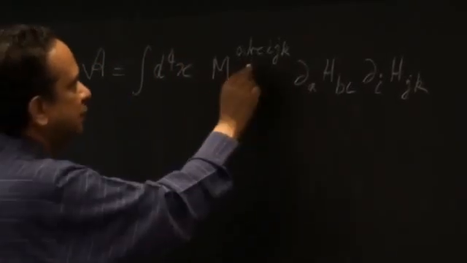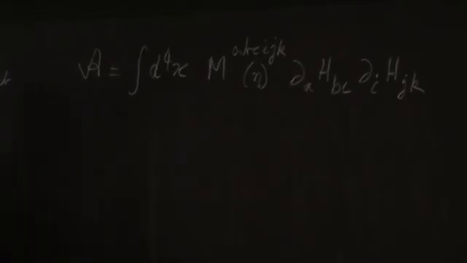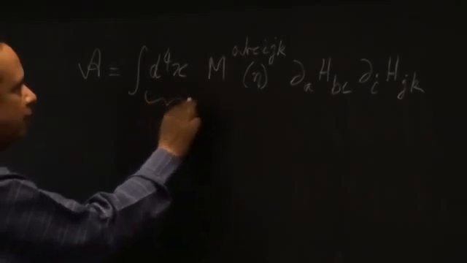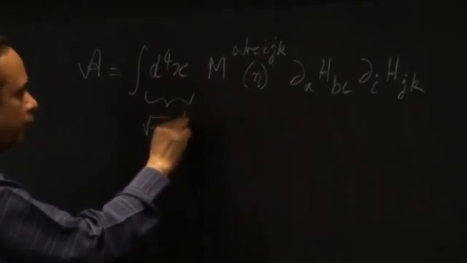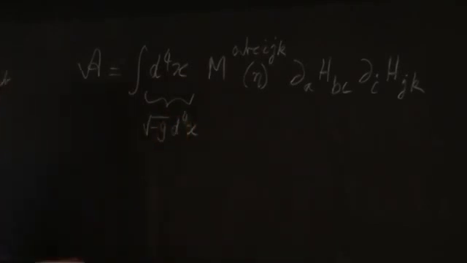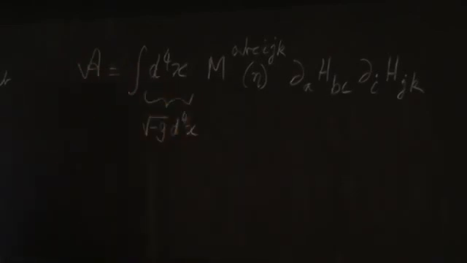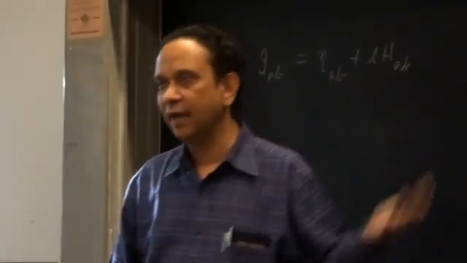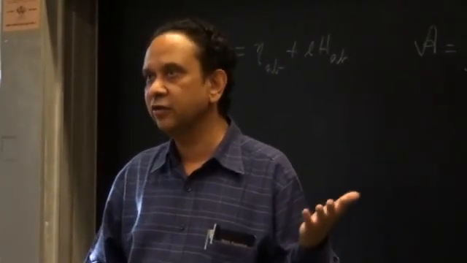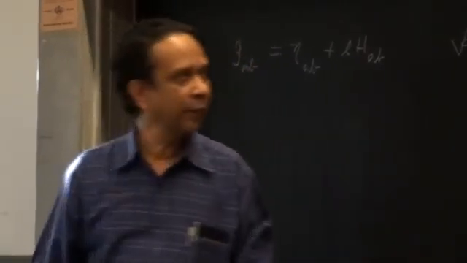Where this M is built out of etas, 3 etas. Then I am going to do the following. I am first going to replace this d^4x by root minus g d^4x. This is pure kinematics, because if I write down the same equation and I want to think of this spin 2 field in spherical harmonic expansion, I will use polar coordinates. And I won't write dr dθ dφ, I will write r² sinθ dθ dφ. Okay? So this is pure kinematics, no one should object to that.